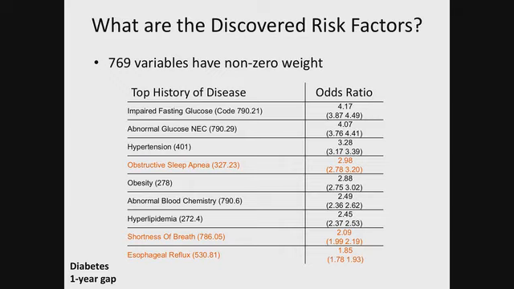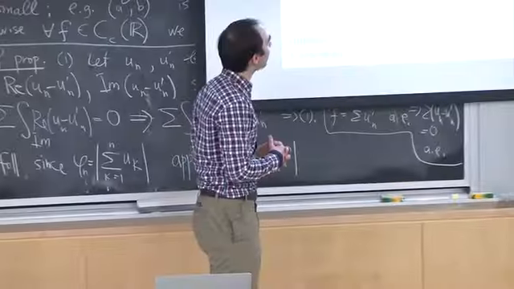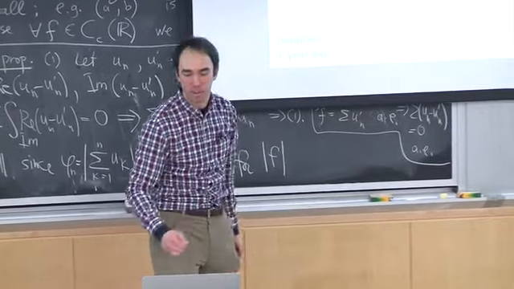And so despite the fact that the patient might be obese, if this variable is not observed, patients who are obese often have what's called sleep apnea, so they might stop breathing for short periods of time during their sleep. And so that then would be a sign of obesity.